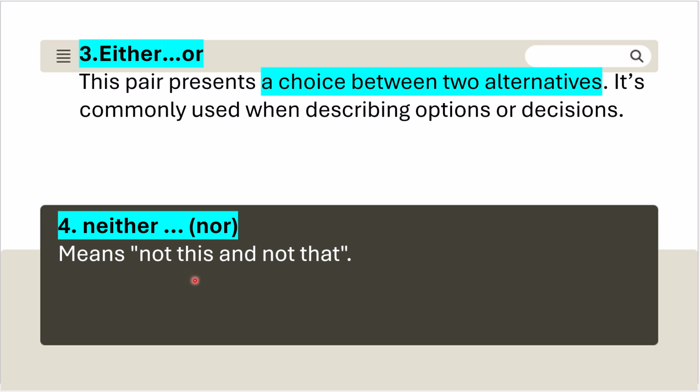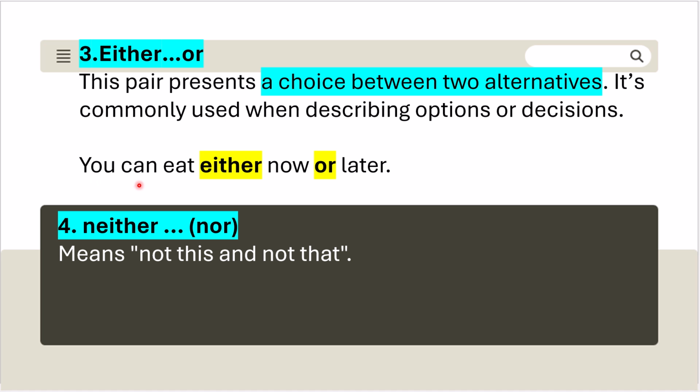Either or. This pair represents a choice between two alternatives. It's commonly used when describing options or decisions. So you can eat either now or later. So now there is a chance for you to eat or you have a choice to eat later.